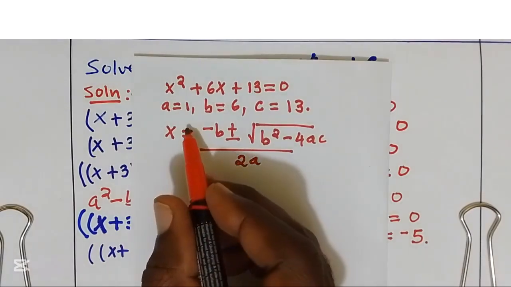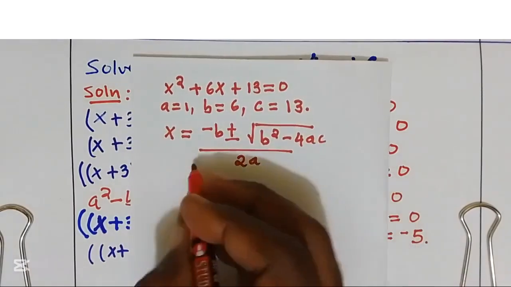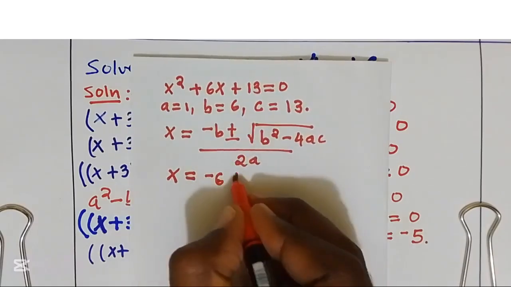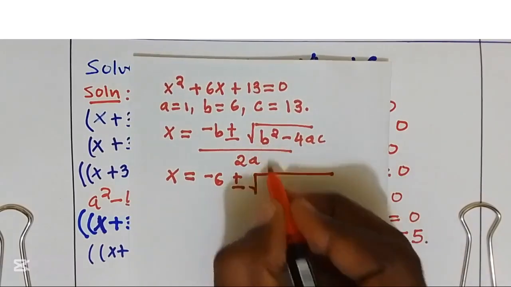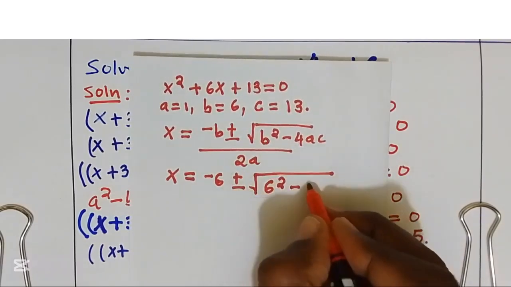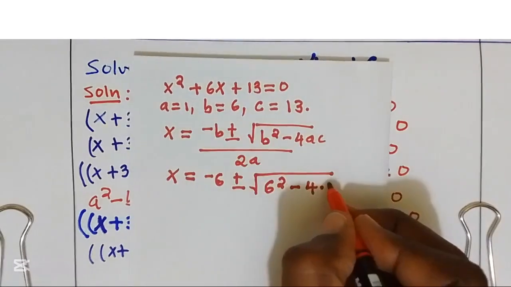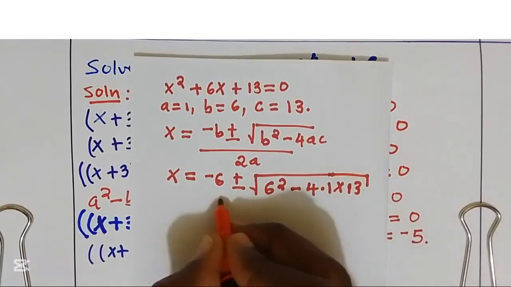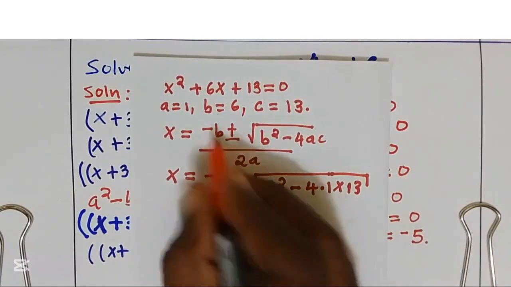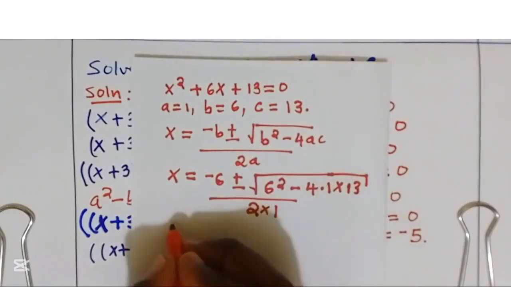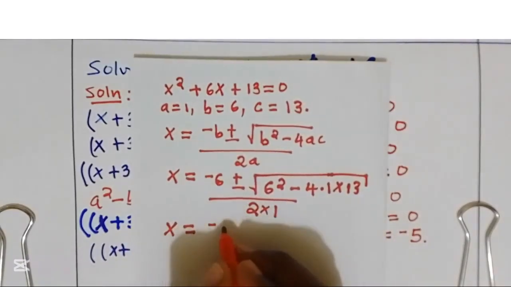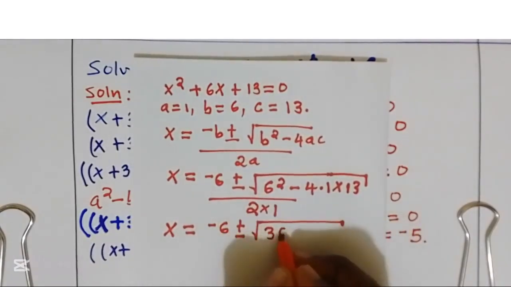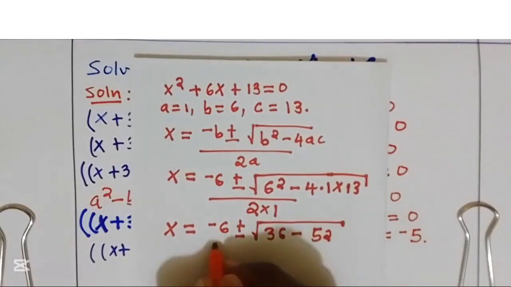Let's substitute our values into the general formula. x is equal to -6 plus or minus the square root of 6^2 - 4 multiplied by 1 multiplied by 13, over 2 multiplied by 1. x will be equal to -6 plus or minus the square root of 36 - 52 over 2.